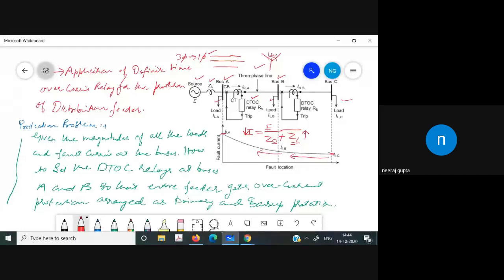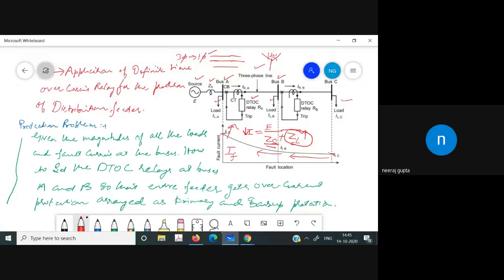And at this point, the impedance of the line is 0 because we don't have the line at this point. So we have only ZS. It means that the effective impedance is reduced, and as a result we get an increased value of current.